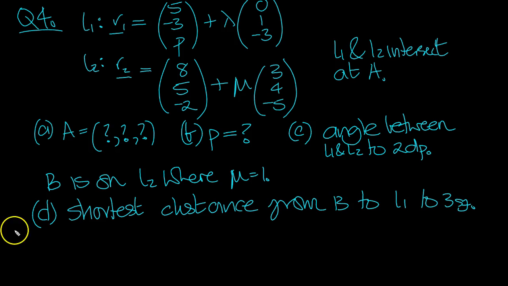Okay, so for part A, the two lines intersect when the x-coordinate, y and z-coordinates all equal. So 5 plus 0 lambda is equal to 8 plus 3 mu.